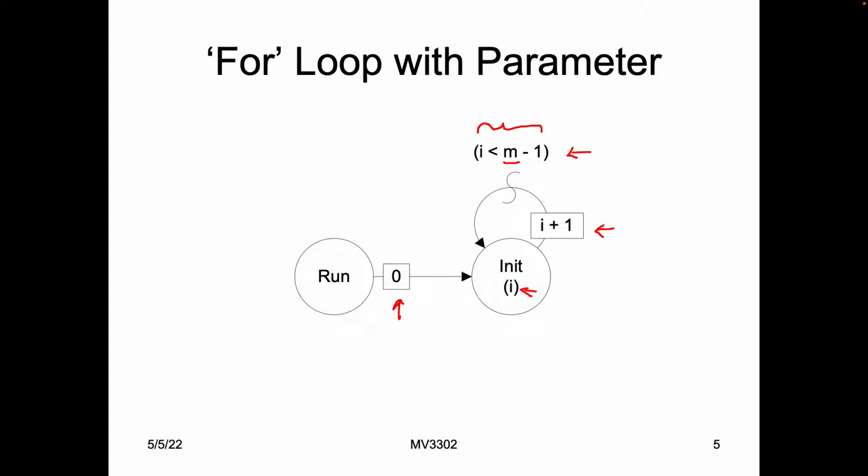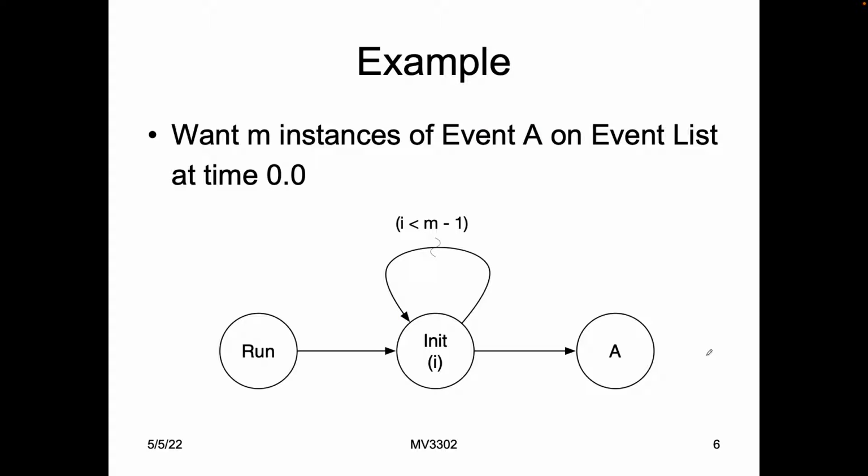Okay, well, I have a toy application, and one of the main use cases for this is the situation where we want m instances of an event, let's say A, on the event list at time 0, for example.